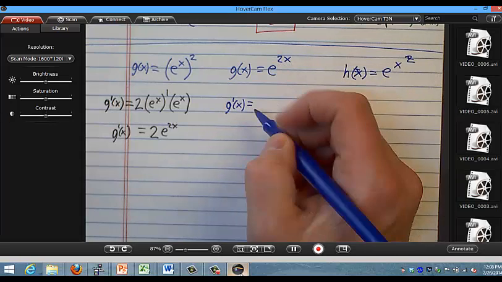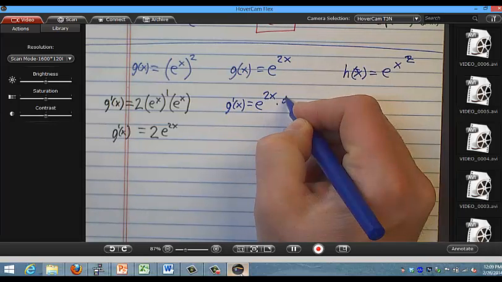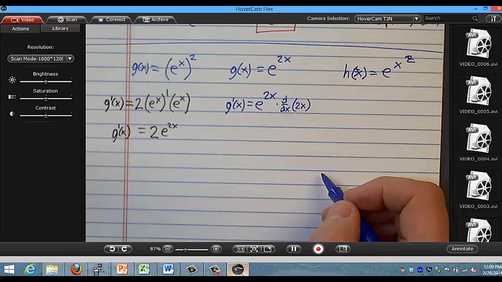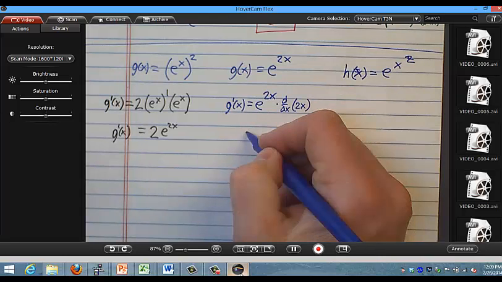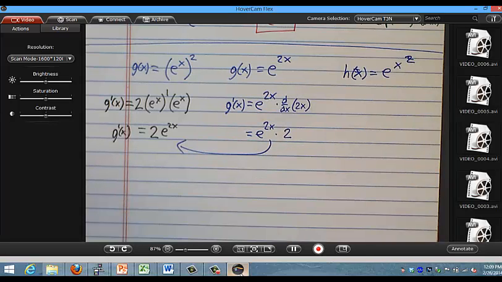So I get e to the 2x back times the derivative of 2x. What's the derivative of 2x? So this is e to the 2x times 2, exactly what we got over there. Okay? 2e to the 2x. That's a couple different ways to get it.